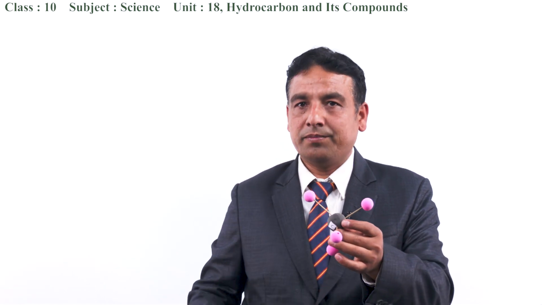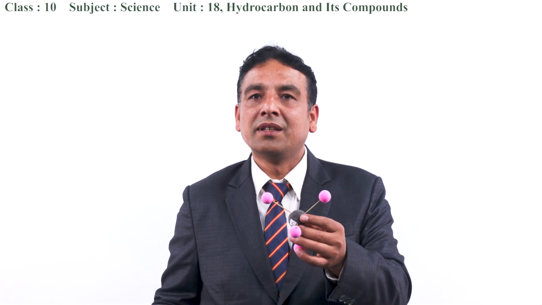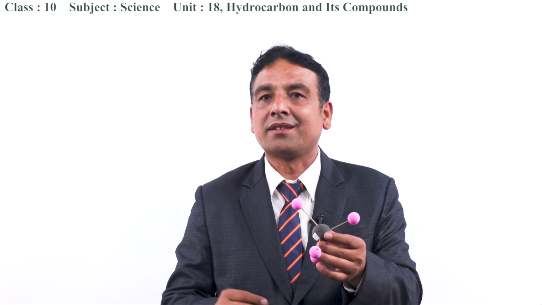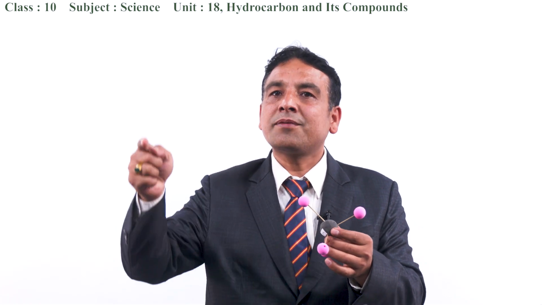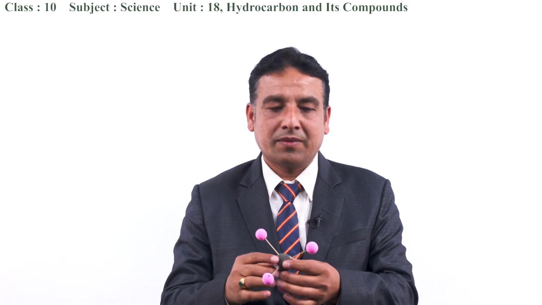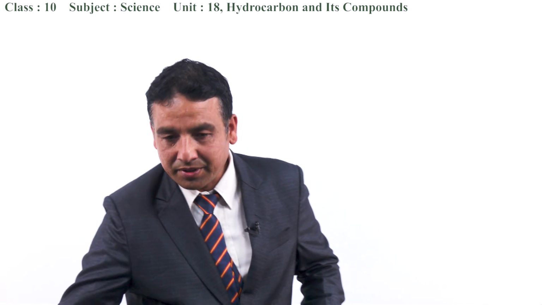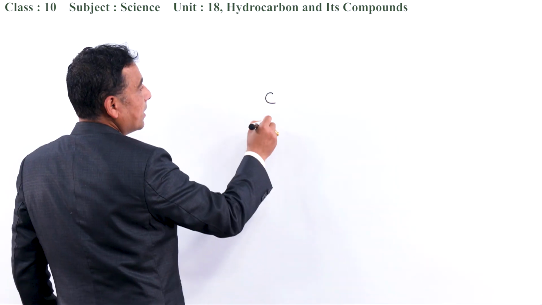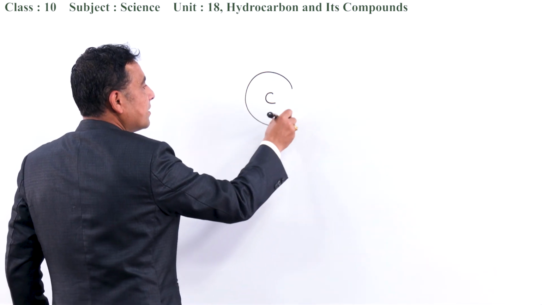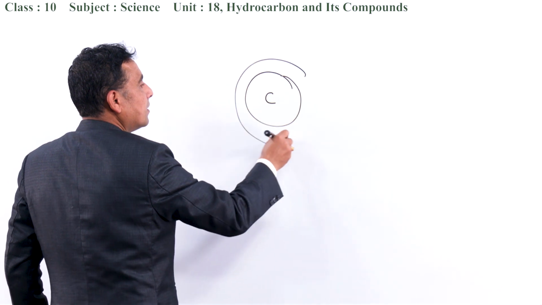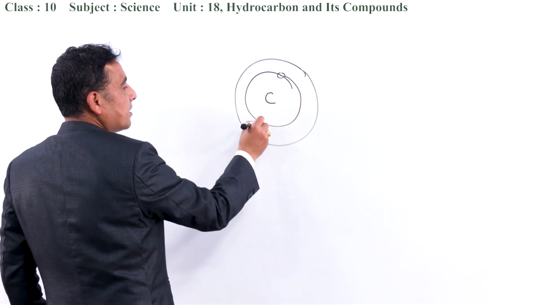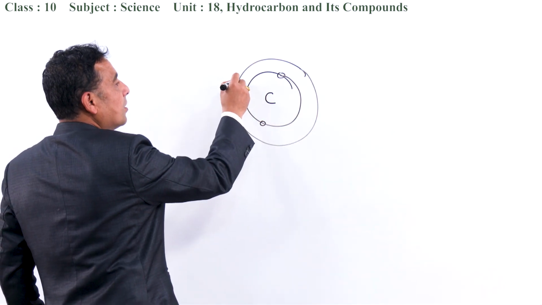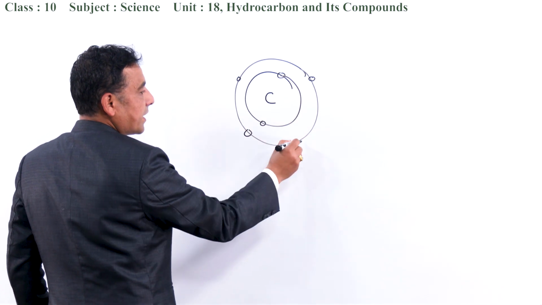How these 4 hydrogens are shared, I have already shown you: carbon has 4 electrons in the valence shell. You can see it on the whiteboard. Carbon has 2 electrons in the first shell as well as 4 electrons in the second shell.